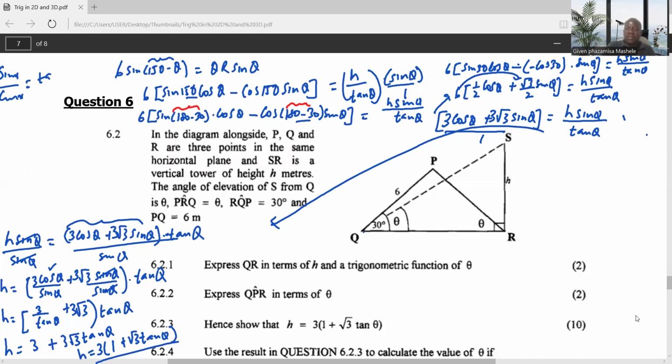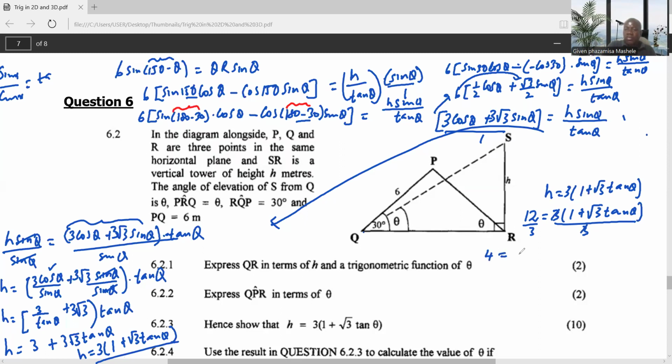To do that, we substitute: h equals 3 into 1 plus root 3 times tan theta. We want to know theta when the height is 12. So we substitute 12 here: 12 equals 3 into 1 plus root 3 tan theta. Let's divide everything by 3. 12 divided by 3 is 4.